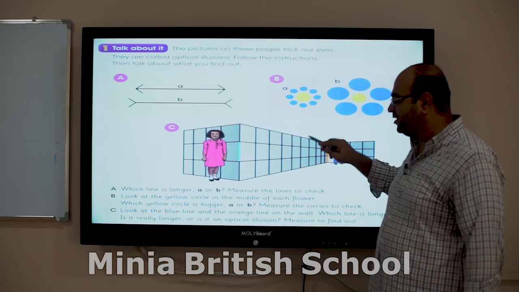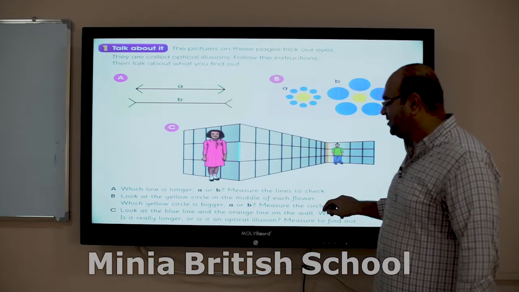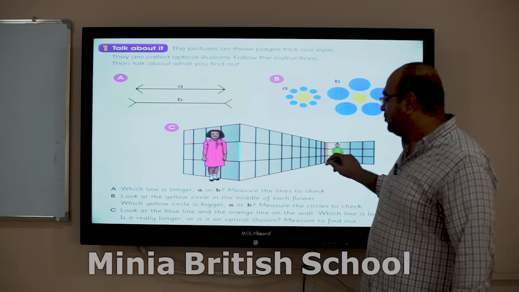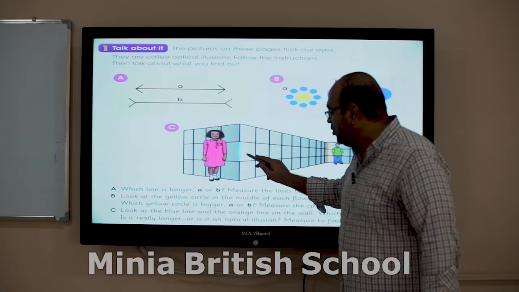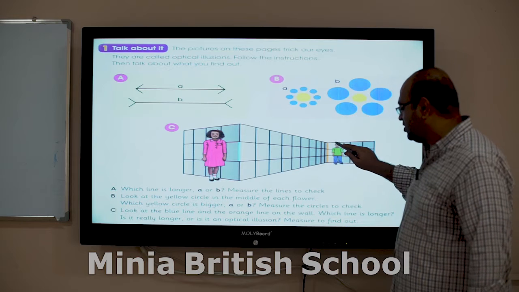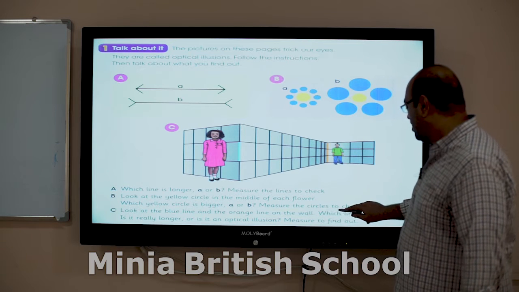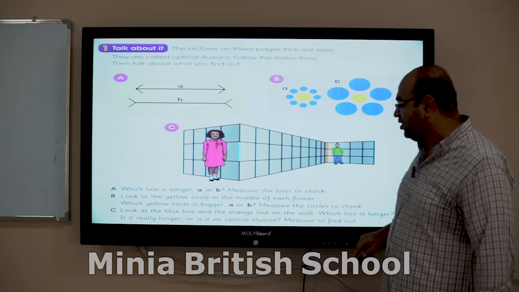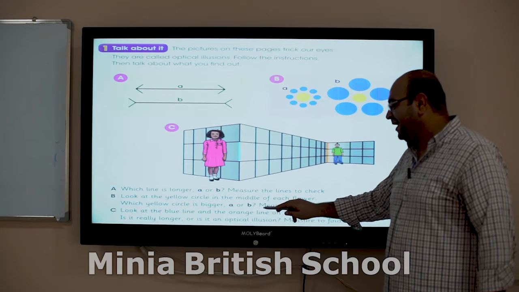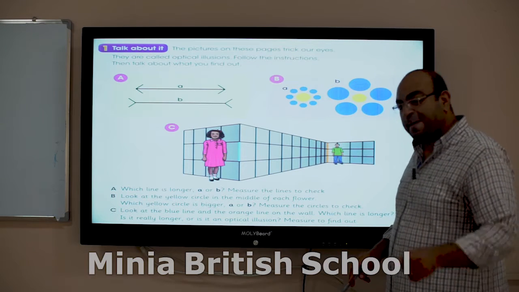Measure the circles to check. Look at the blue line and the orange line on the wall. Which line is longer? Is it really longer, or is it an optical illusion?